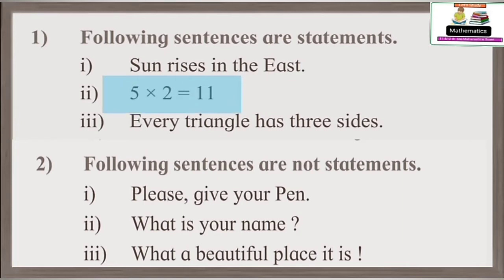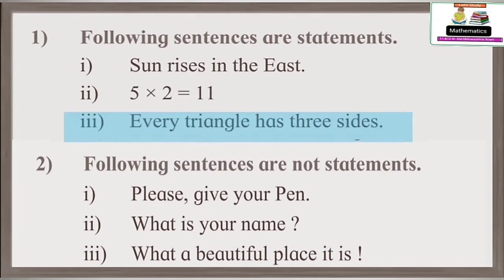This is a statement because we can say that this sentence is false, since 5 into 2 is equal to 10. And third, every triangle has 3 sides. This is also a statement because this statement is true.